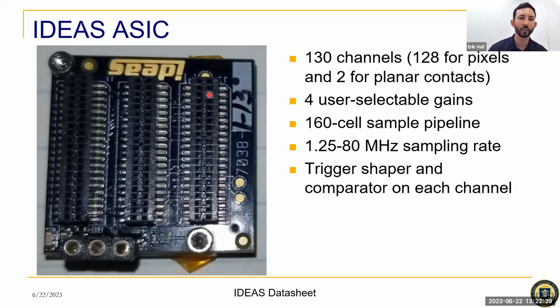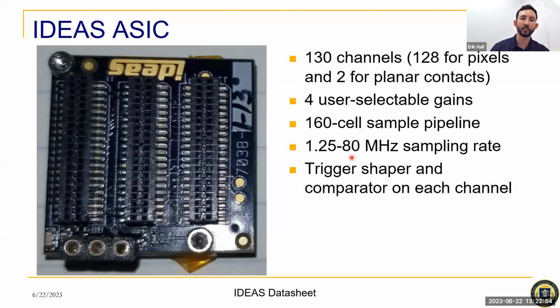You can see all three 42-pin connectors allow us to have 130 channels. 128 we can dedicate to pixels, 2 for the planar contacts. We can change the gain. We have 160 capacitors for each channel that we can use as a pipeline to sample waveforms as they come in.